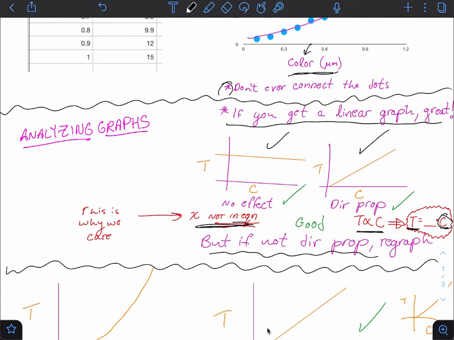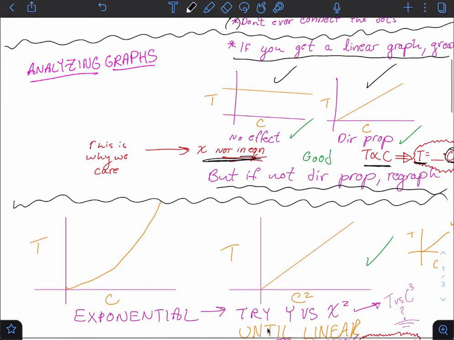But if it's not linear, you're going to have to regraph it. So let's look at the first example, exponential. Let's say you graph period versus color, and you get this curve up shape. If that's the case, then period could be proportional to color squared, color cubed, or color to any exponent.